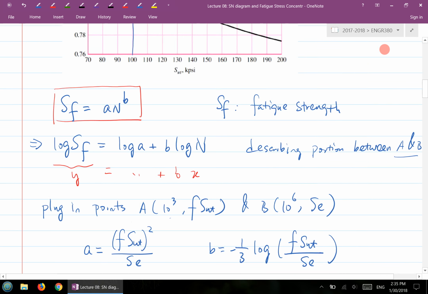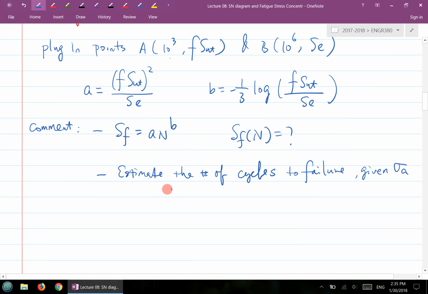That's the idea here: estimate the number of cycles to failure given sigma A. So you replace SF with sigma A, so sigma A equals A times N to the B, then solve for the capital N. Then you get the number of cycles to failure.